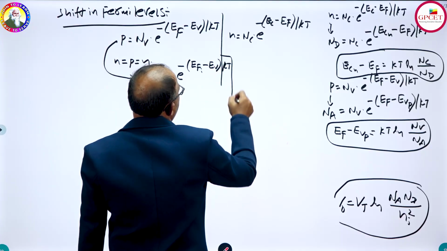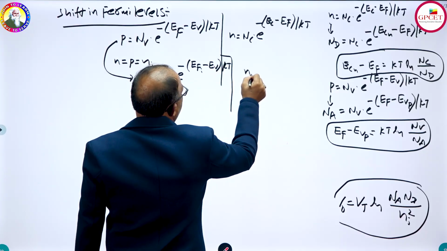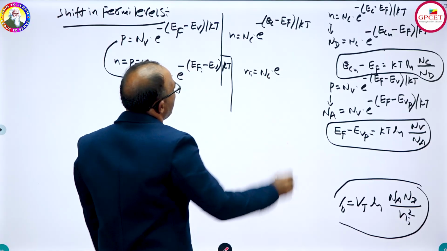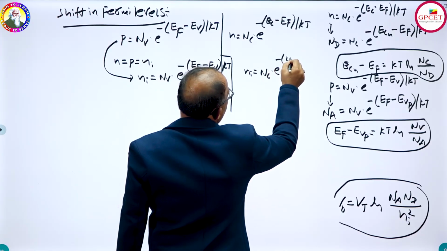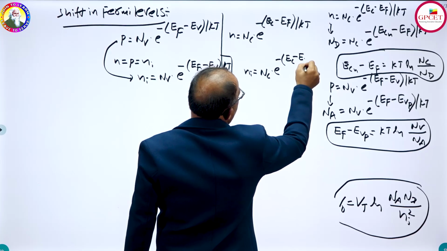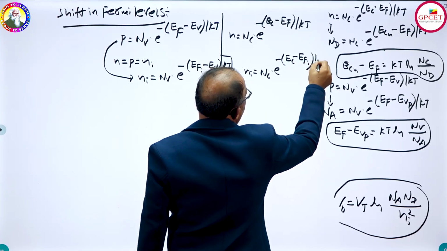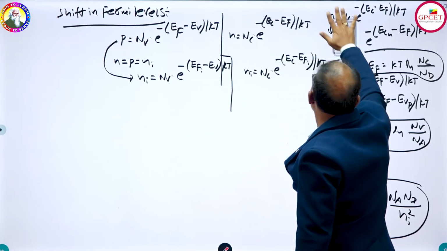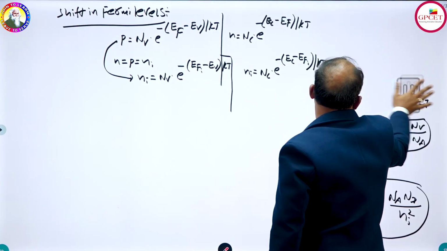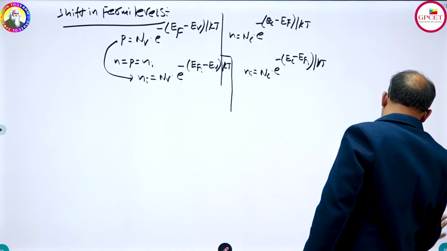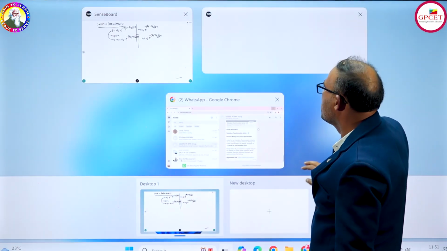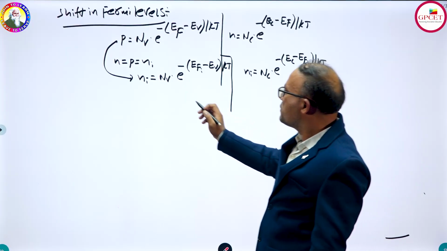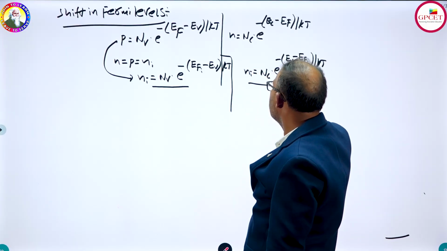Similarly, Ni is also equal to Nc into e power minus of Ec minus EFI divided by kT. It's an intrinsic Fermi level. So I have this one as Ni and this one as Ni.